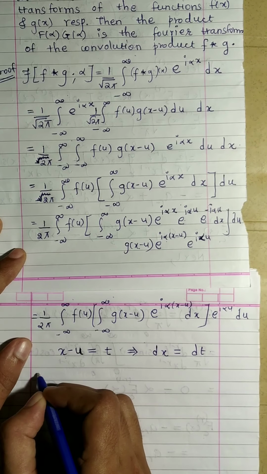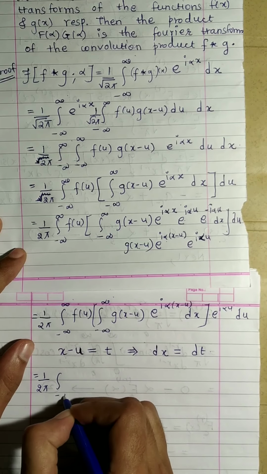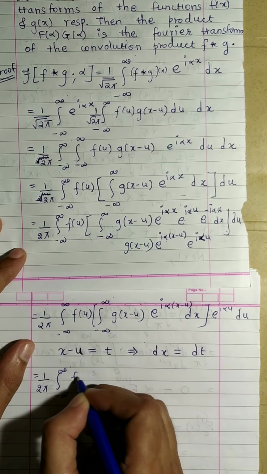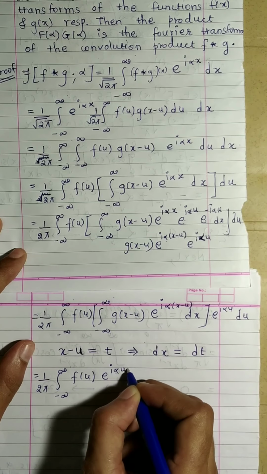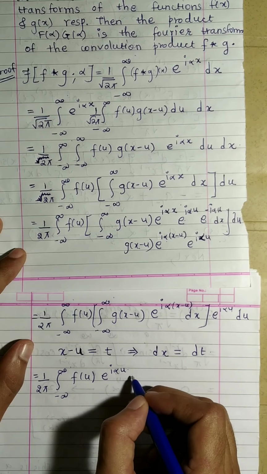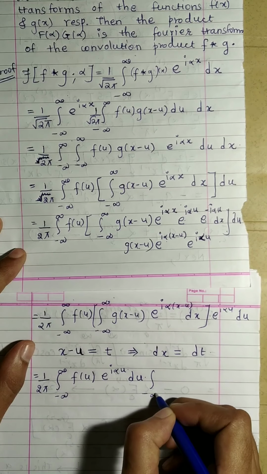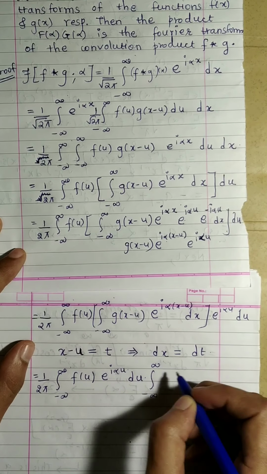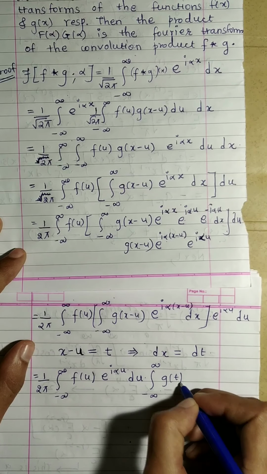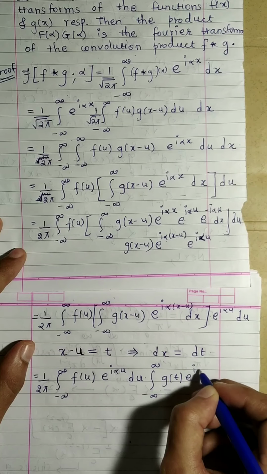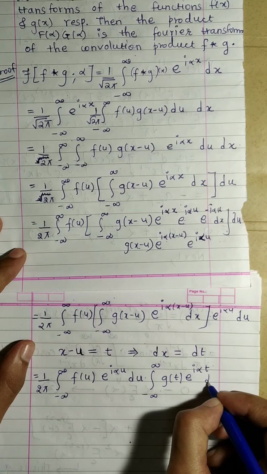Doing the substitution, we get 1 upon 2 pi integral from minus infinity to infinity f of u e raised to I alpha u du, times integral from minus infinity to infinity g of t into e raised to I alpha t dt.